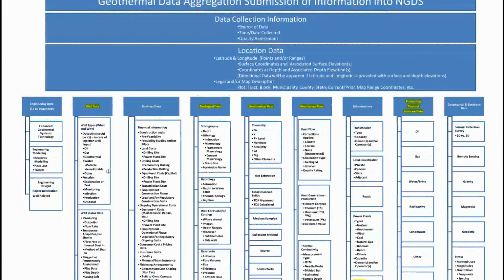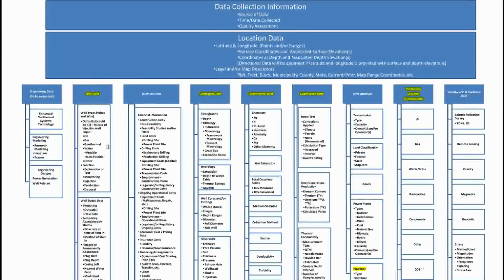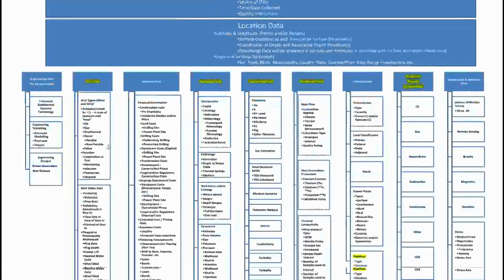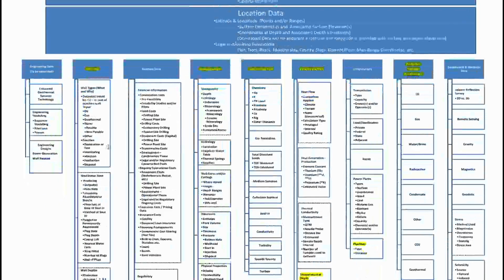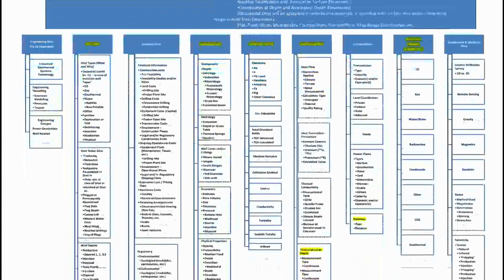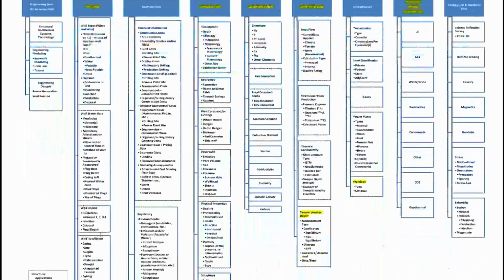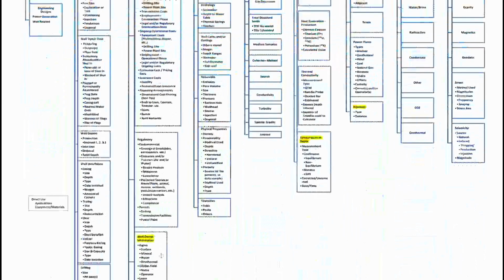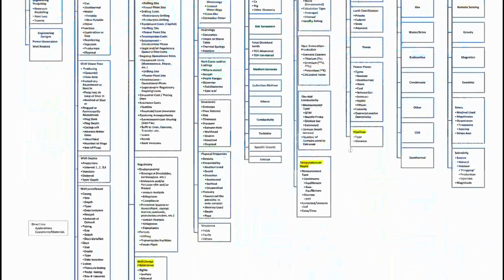I want to open up the call here, but these are the very specific items that are valuable for geothermal development that you can obtain through oil and gas records. Everything here we would consider very valuable, and this is what you can actually get access to.